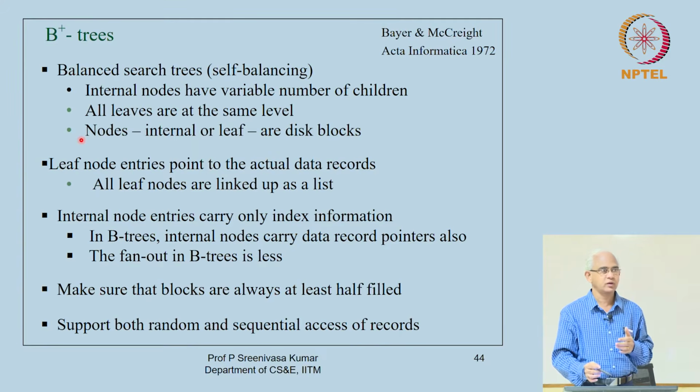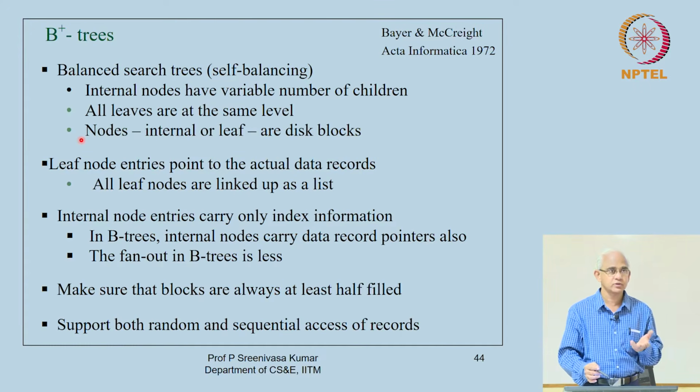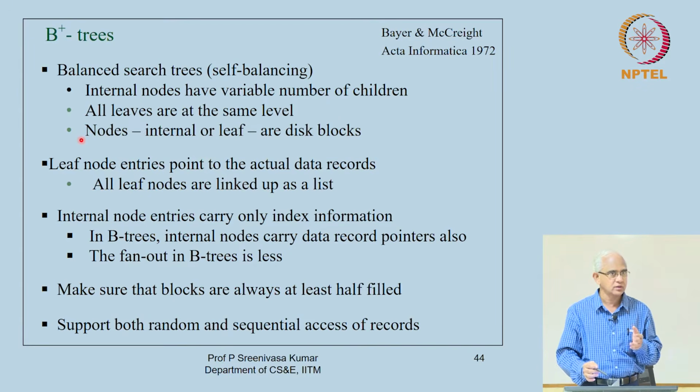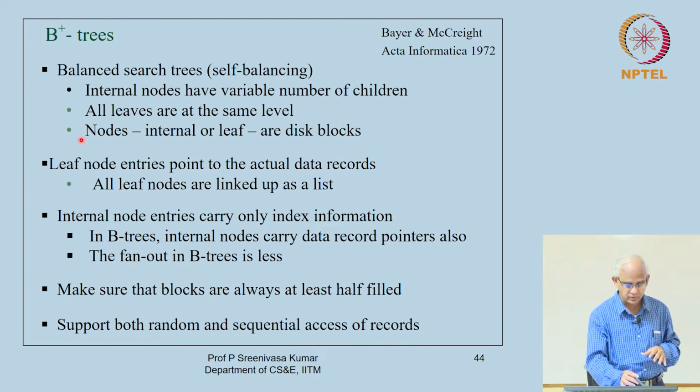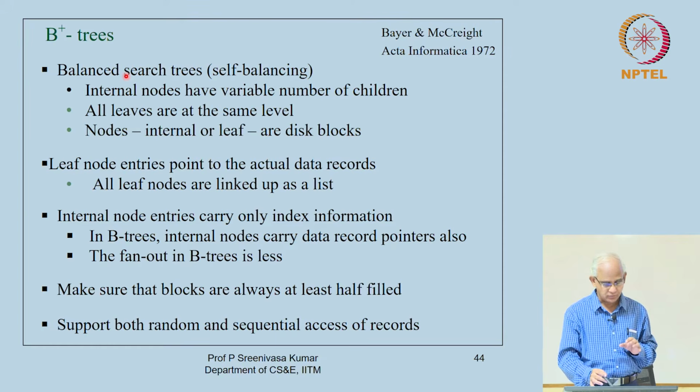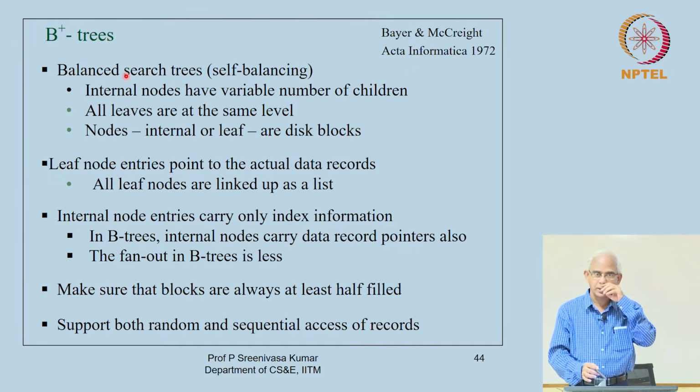We have been familiar with binary searches, AVL trees for searching, and then you probably have studied red black trees or 2-3 trees, etc. The basic principles of tree based searching are the same here in B+Trees also, but one of the main things that you will find here is: what should be a node in the tree?